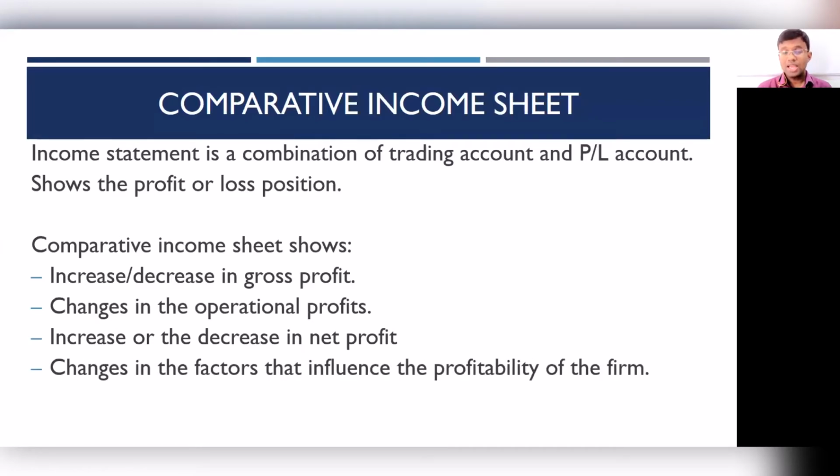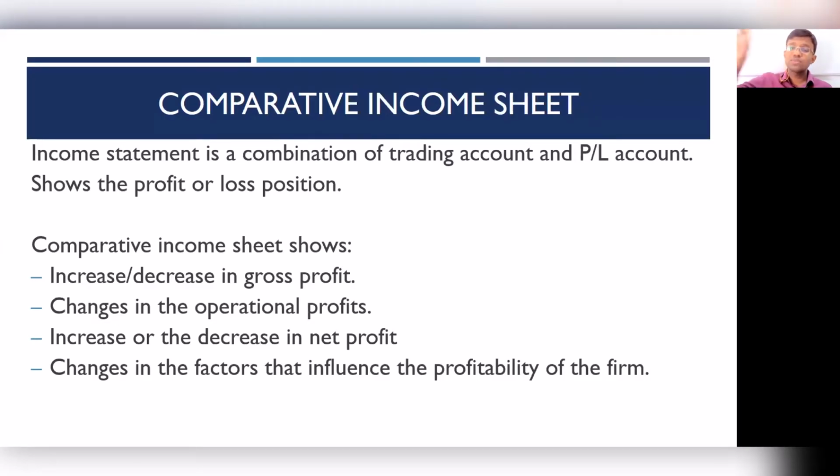Finally, we want to evaluate what factors influence the profitability of a firm. We want to know which category of expense will be impacting the profitability. Is it the administrative expenses? Is it the operational expenses? Is it the depreciation?